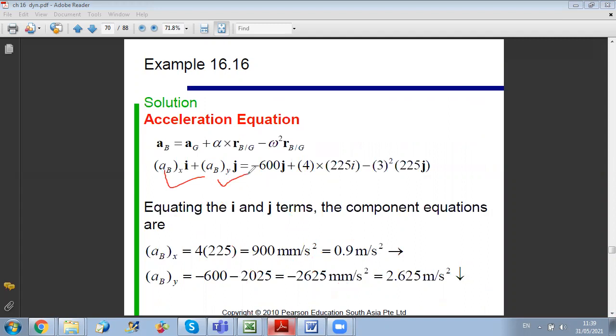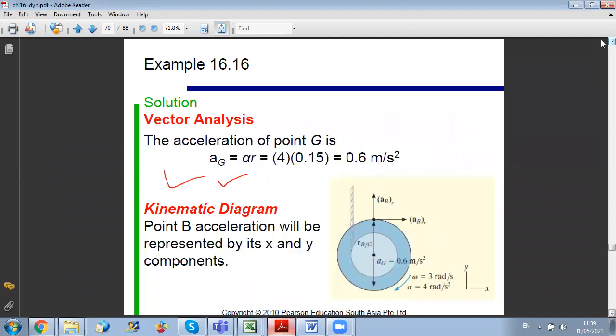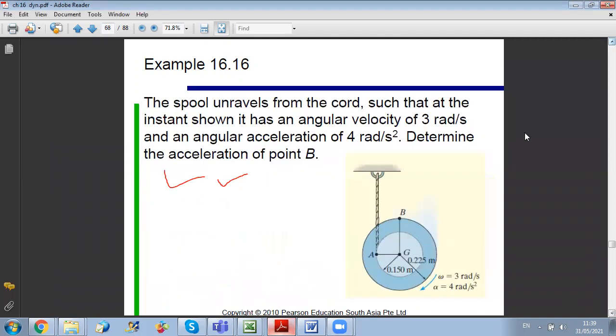And now you can verify that point A has a normal acceleration. Okay? So if you want to calculate acceleration of A, you can relate it to point G. And you will see that the tangential acceleration of A is 0. You can verify this, while the normal component is not 0. So let us write it together.